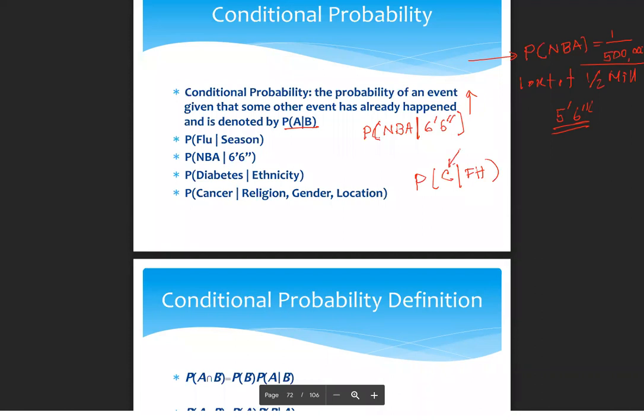It could be chances of having a heart attack, heart problems, or a clot, whatever they call it. Given that you have a family history of heart disease, what are the chances of you having some sort of cardiac issue? Do you see? This given is very useful.